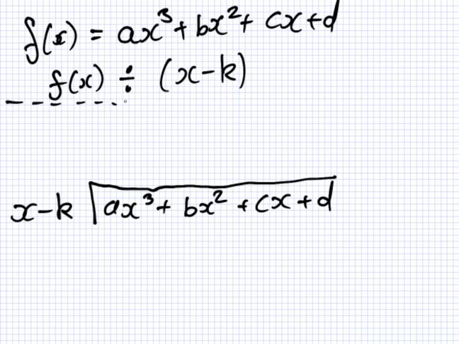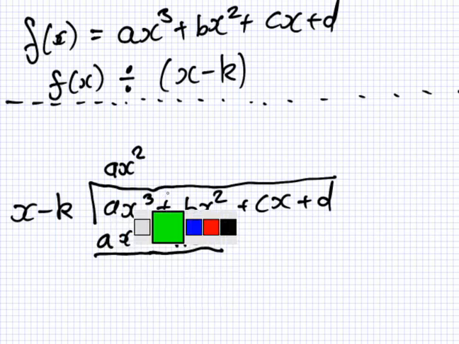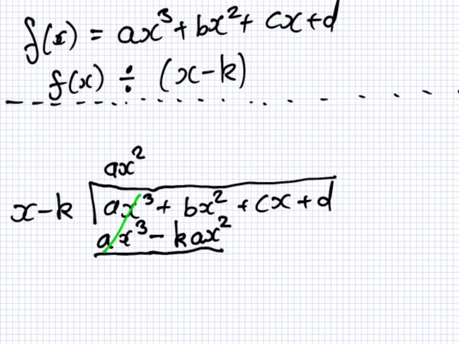So what I'm going to do is the long division, and I'm going to see what formula I get at the end. I'm going to divide ax cubed plus bx squared plus cx plus d, and then the remainder here will be my formula for calculating the remainder. So I'm trying to get a formula for the remainder.